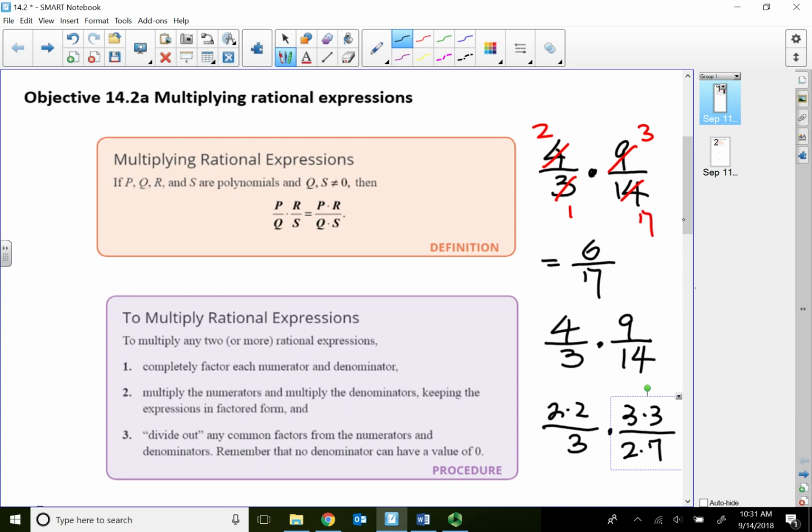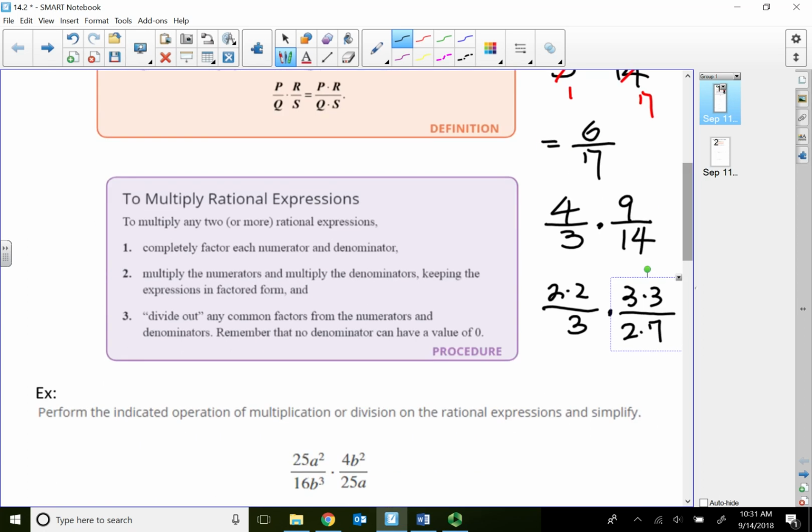So if I write them in factor form, then we can clearly see one 2 on top, one 2 in the bottom can reduce, one 3 on top, one 3 in the bottom can reduce. And once we finish reducing, we can multiply them side by side.